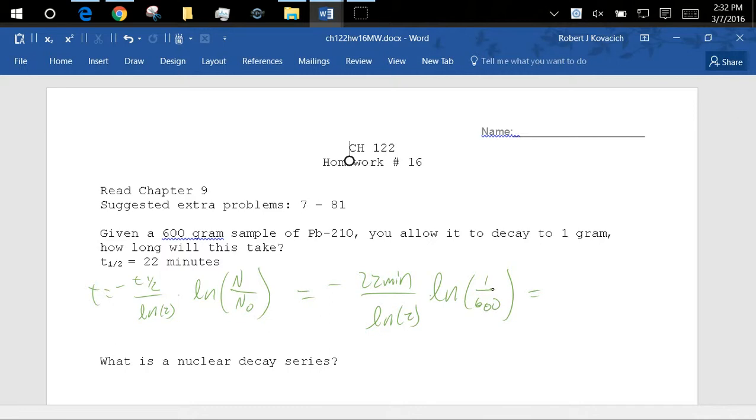Let's see. Negative 22 divided by natural log of 2, close parentheses, times the natural log of 1 divided by 600, close parentheses, equals. So I get 203 minutes.